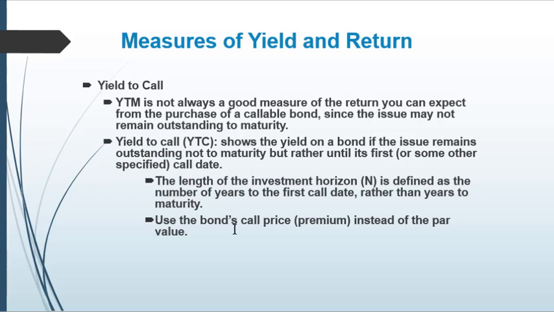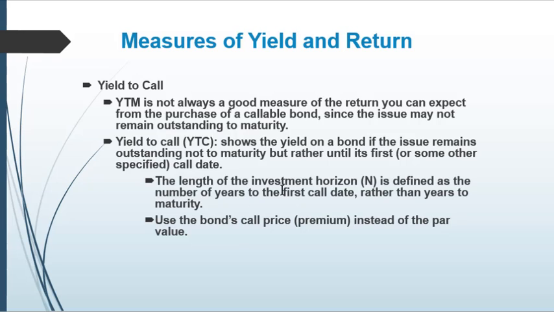Now, yield to call is another picture. We've talked about this in a previous video. We've talked about a call feature. So yield to maturity is not always good if the bond can actually be called prior to maturity. So yield to call, YTC, talks about the yield if you buy it at today's price and if it is called on the first date of call.